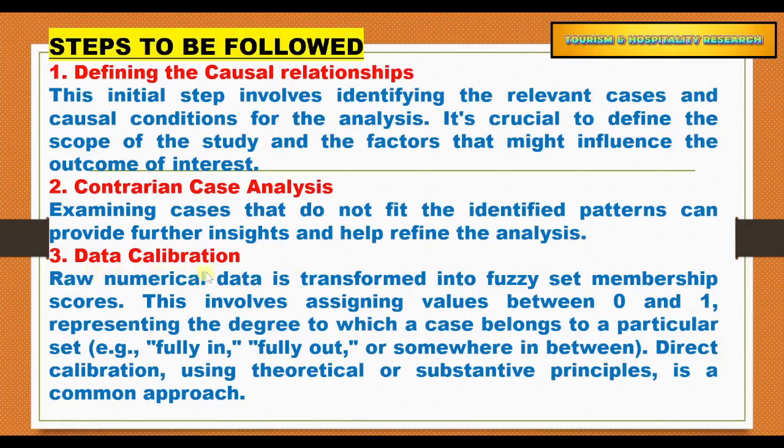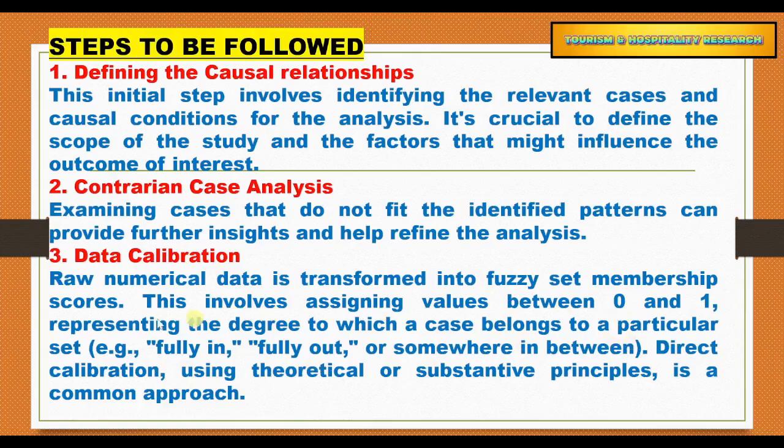The third step is data calibration. Raw numerical data is transformed into fuzzy set membership scores. This involves assigning values between 0 and 1, representing the degree to which a case belongs to a particular set. That is, fully in, fully out, or somewhere in between.